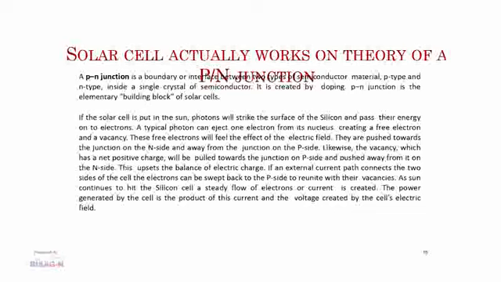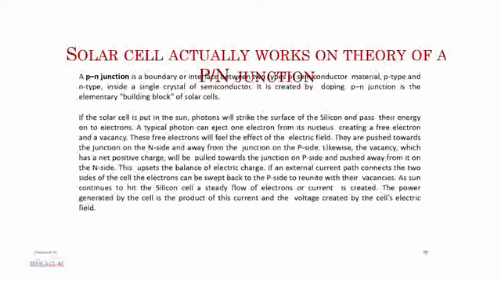If the solar cell is put in the sun, photons will strike the surface of the silicon and pass their energy on to the electrons. A typical photon can eject one electron from its atom, creating a free electron and a vacancy. These free electrons will feel the effect of the electrical field.